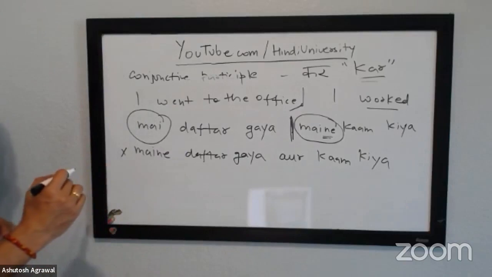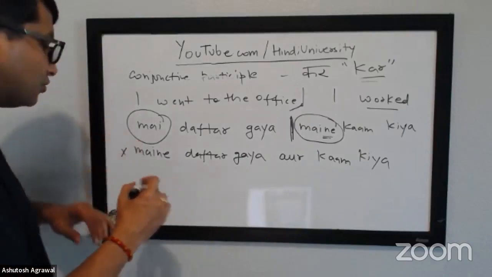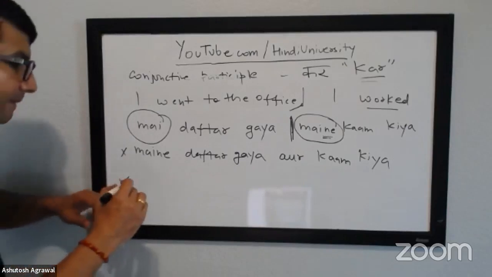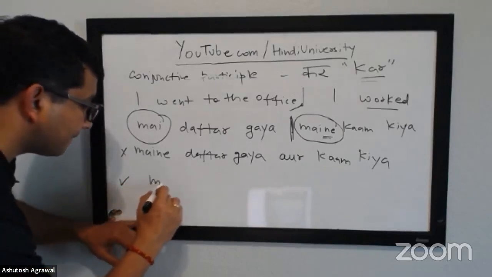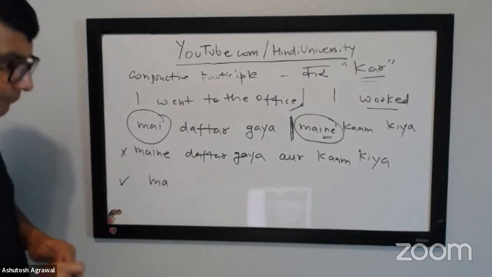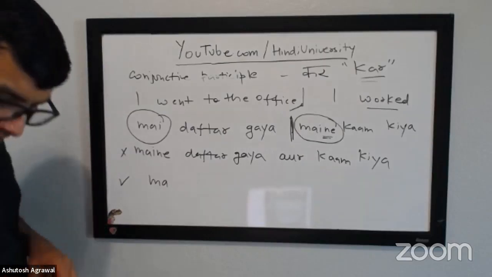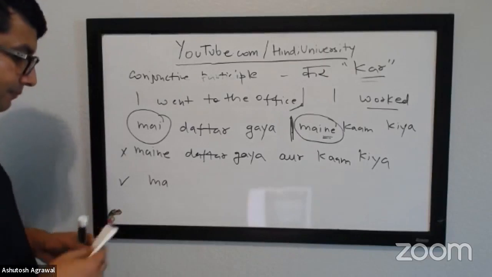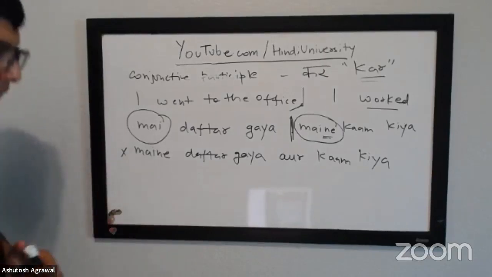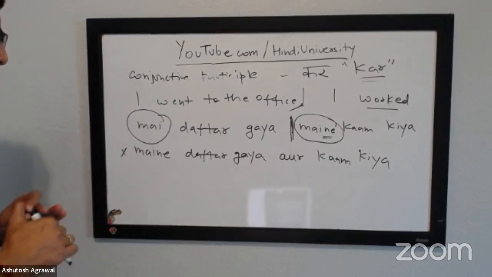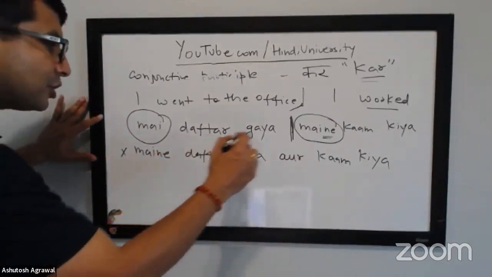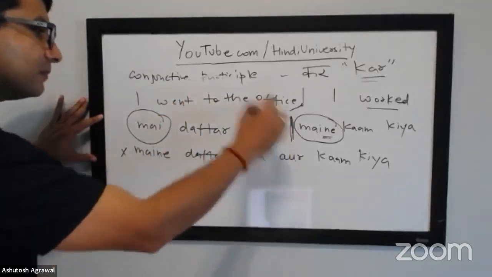Very good, right? Let's try to use it using the conjunctive participle. How would you say that? मैं जाकर काम किया. So what you do is, action number one is still this one.